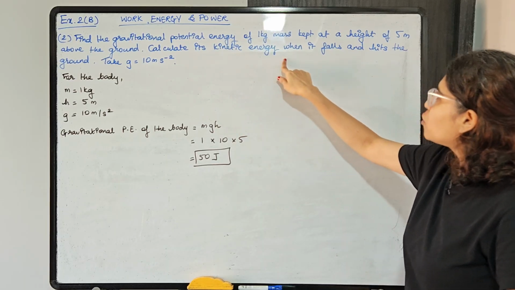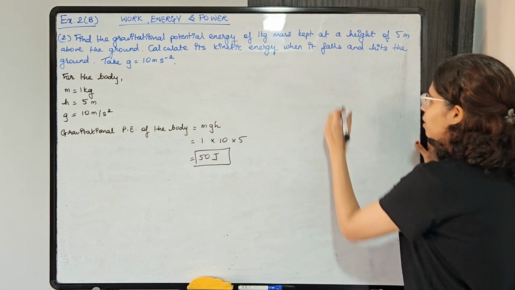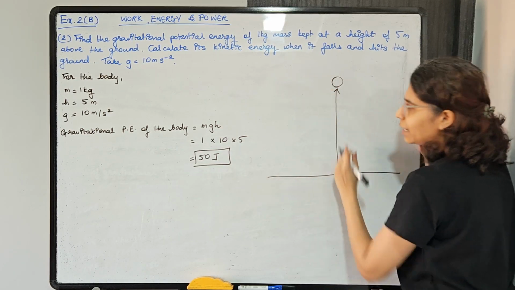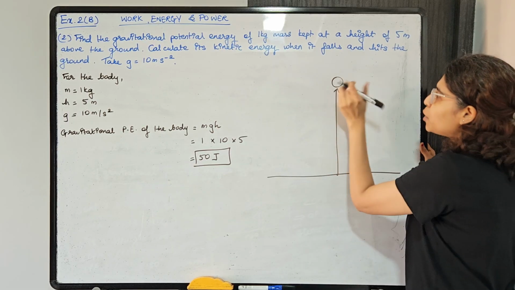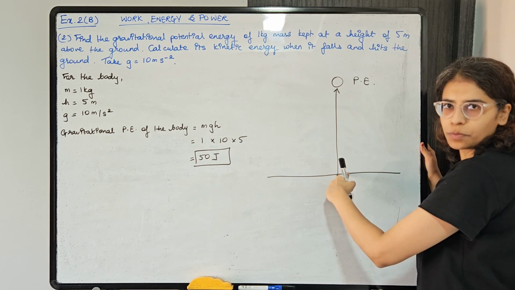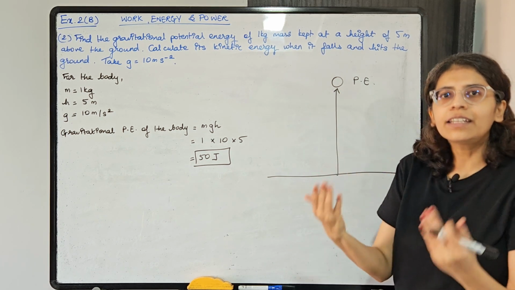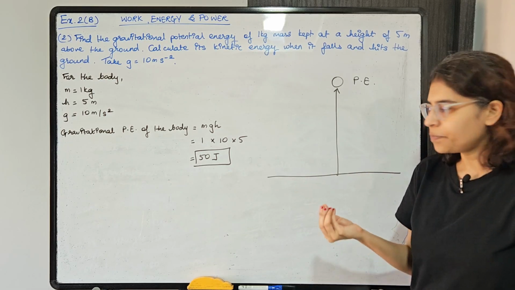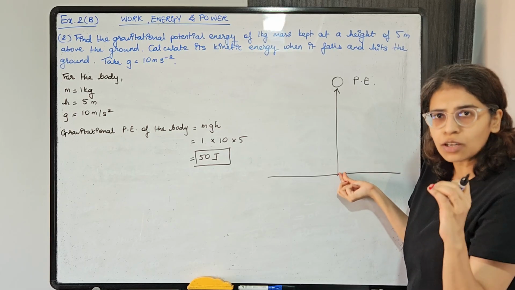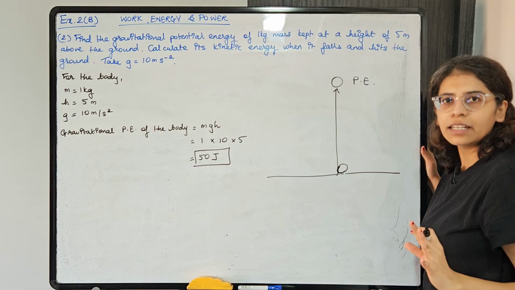Calculate its kinetic energy when it falls and hits the ground. Now, when you raise an object up to a certain height from the ground, it has potential energy, correct? When it falls down, potential energy is going to reduce and kinetic energy is going to increase, right? So just before touching the ground, the ball has maximum kinetic energy.